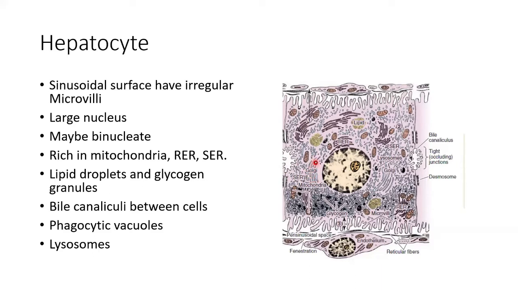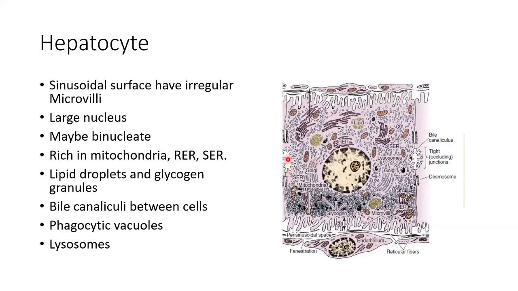Actually, glucuronidation of bilirubin. I think you will learn all those things in biochemistry, right? So yeah, you have various storage granules as well. You have glycogen granules and you have lipid droplets.